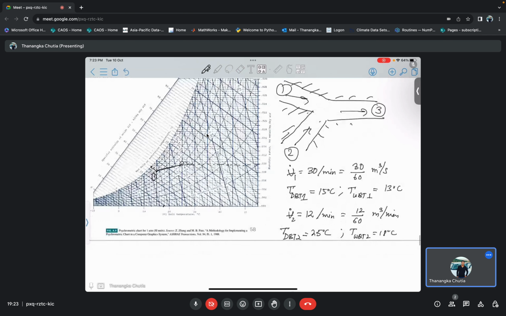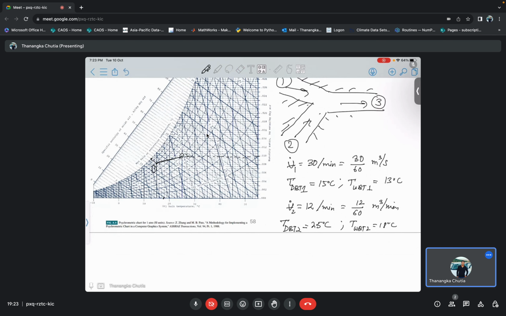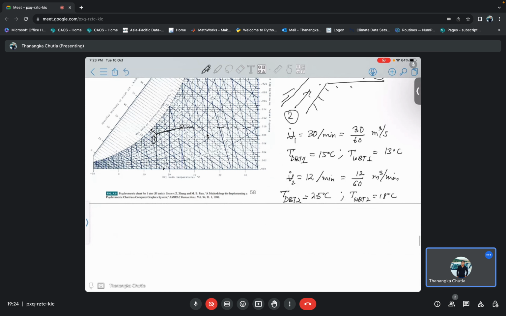So W1 is equal to 0.007 kg per kg of dry air, and W2 is equal to 0.010 kg per kg of dry air.